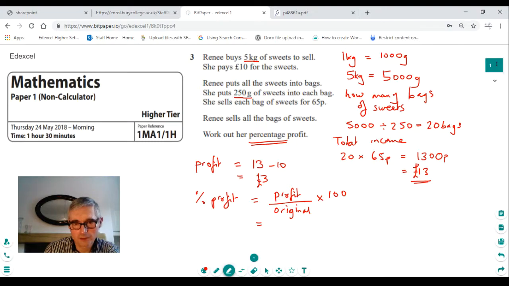So that would be 3 out of 10, £10 being the original amount, times 100, which works out to be, if we can just cancel that 10 there with the 100, 3 times 10, which is 30%. There we go, and that's our final answer.